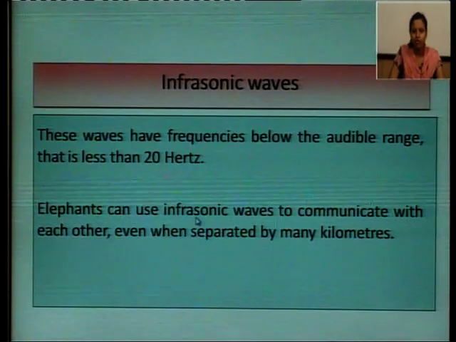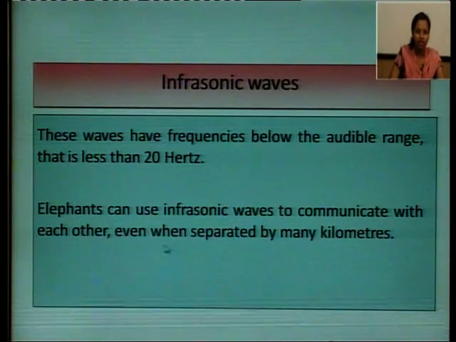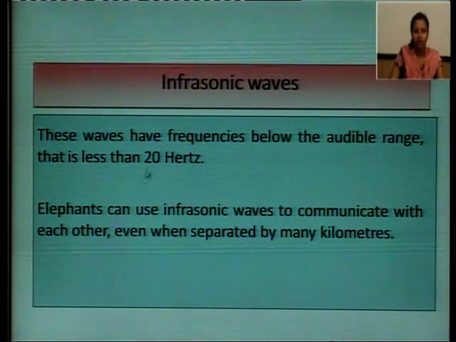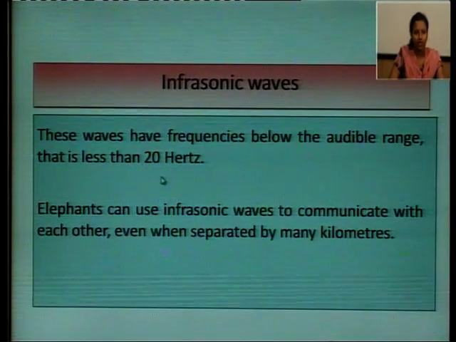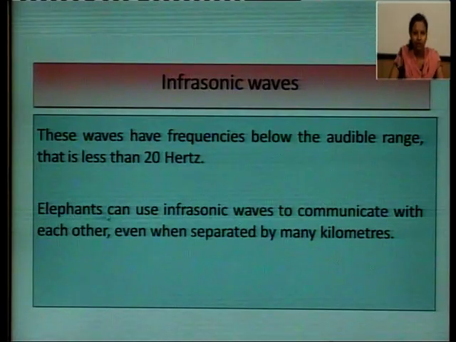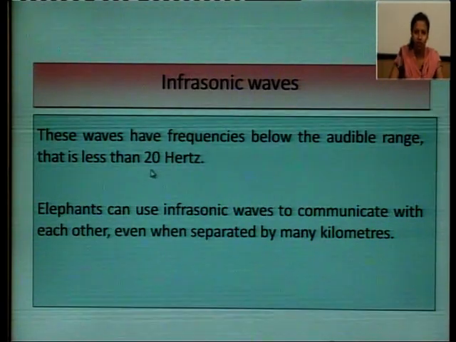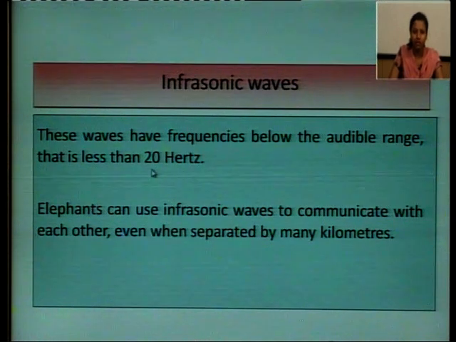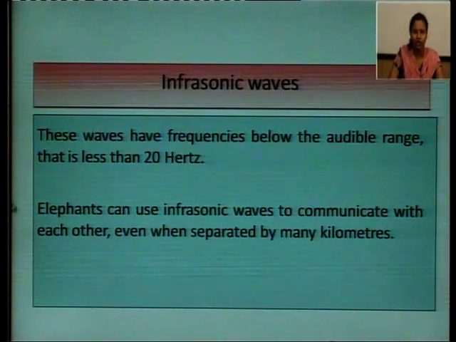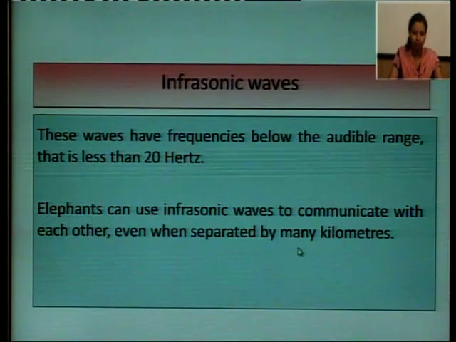Elephants can use infrasonic waves to communicate with each other even when they are separated by many kilometers, because the frequency is less, so the wavelength is more.